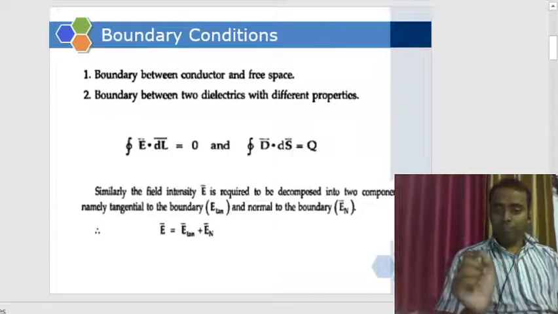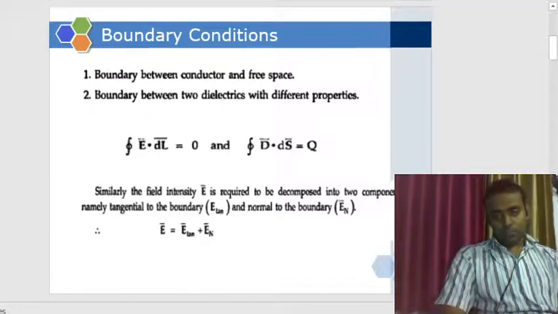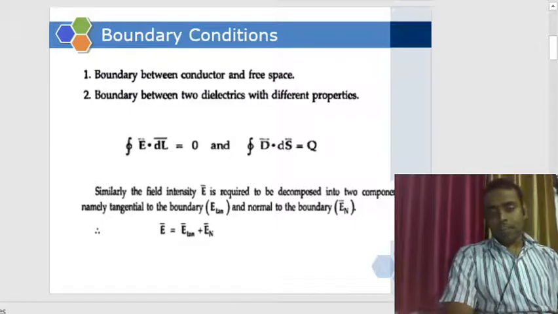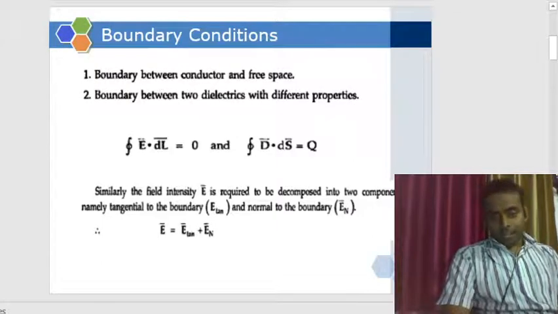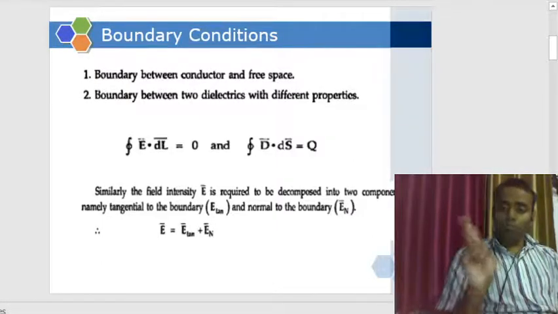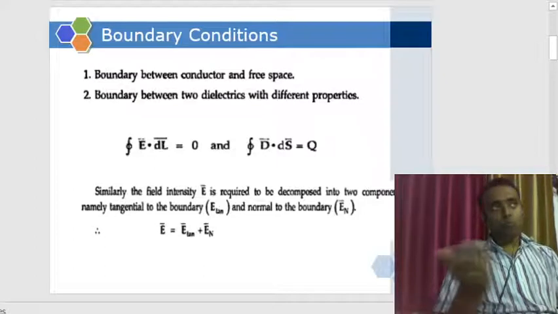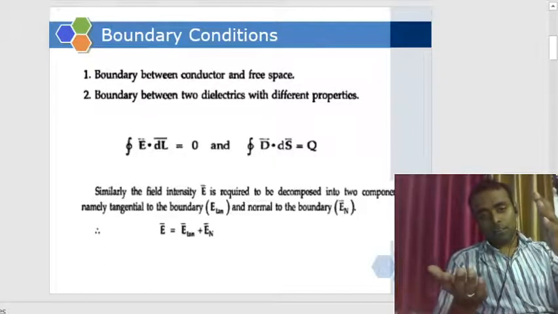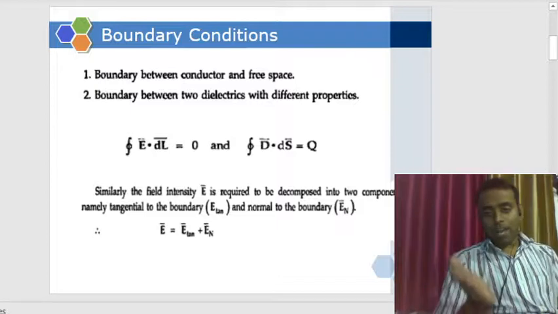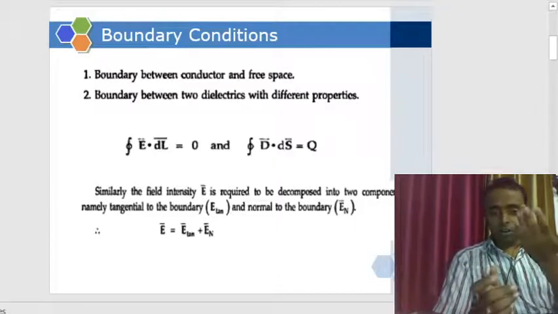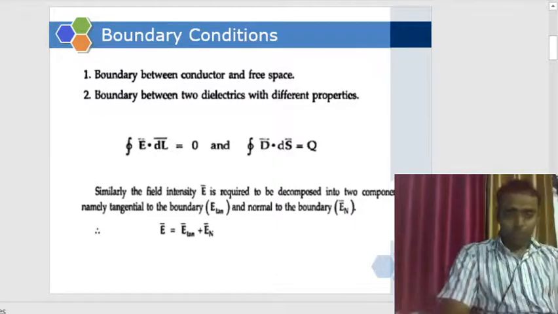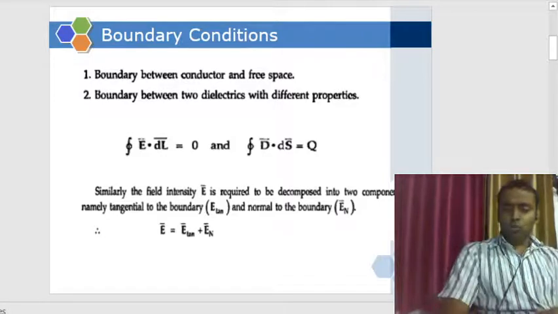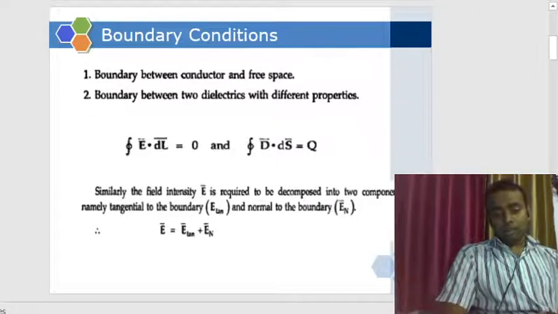So the boundary between a conductor and free space, taking free space as my dielectric. And another, where we have two different dielectrics, say wax and free space, or wax and water, or cotton and paper. We can take two different dielectrics.